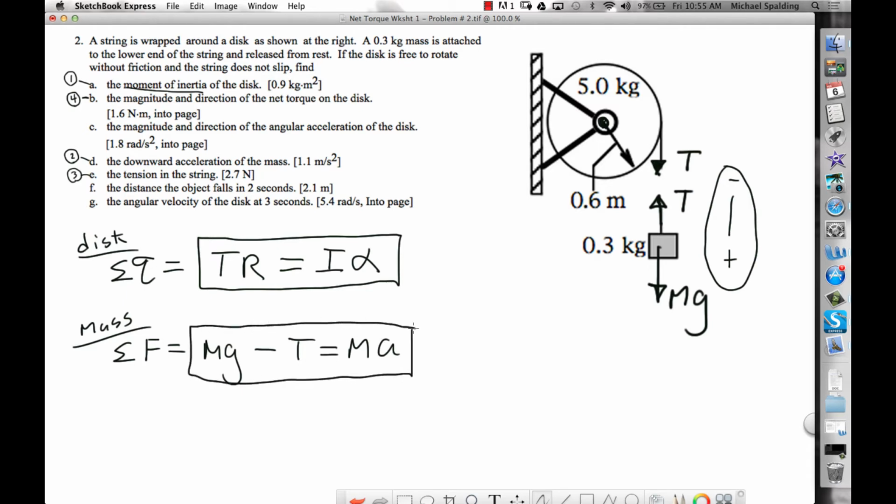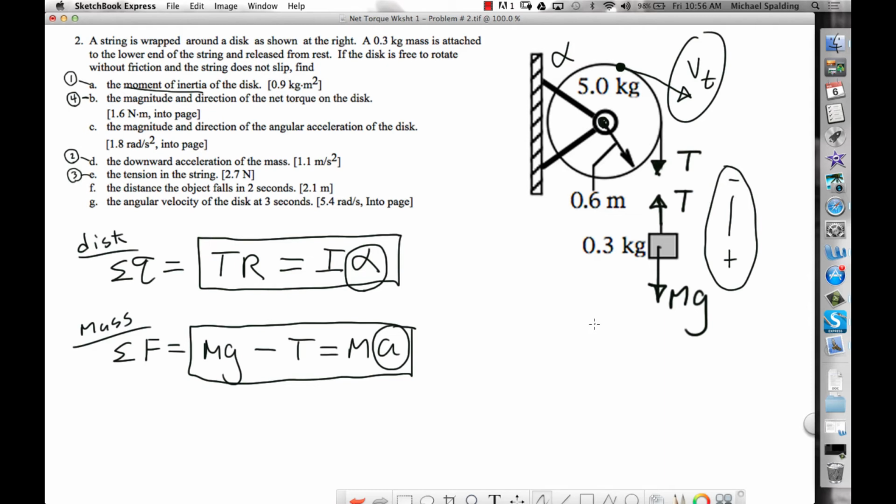Now we have to relate the angular acceleration to the linear acceleration. A point on the perimeter of the disk, as the disk starts to go faster and faster, has an angular acceleration. But what's happening to the tangential velocity?